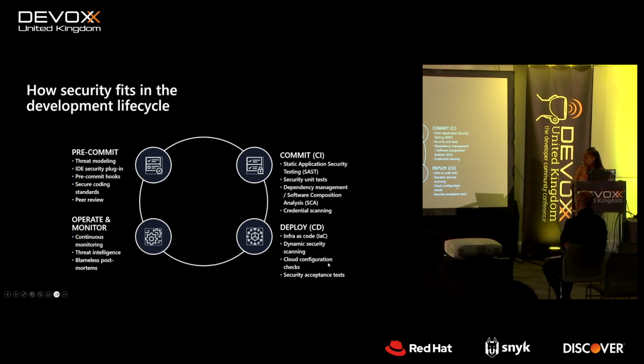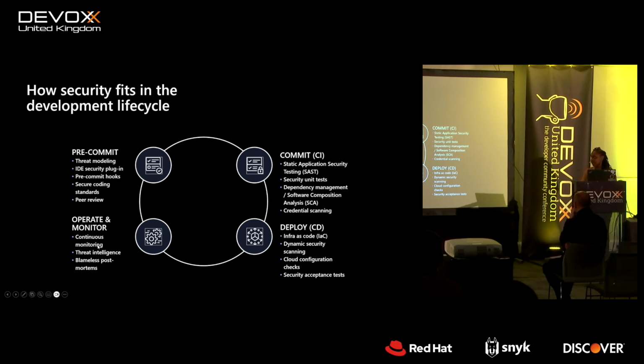And then you also have cloud configuration checks just to make sure that your infrastructure spun up, be it Azure or AWS, is already secure. And then lastly, you have to do security acceptance just to make sure that all these have passed before you go in and operate and monitor.